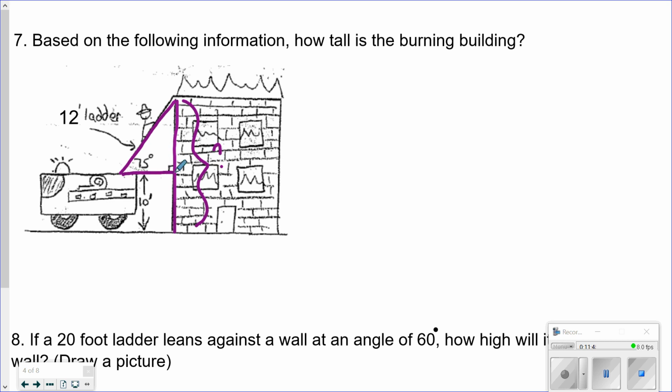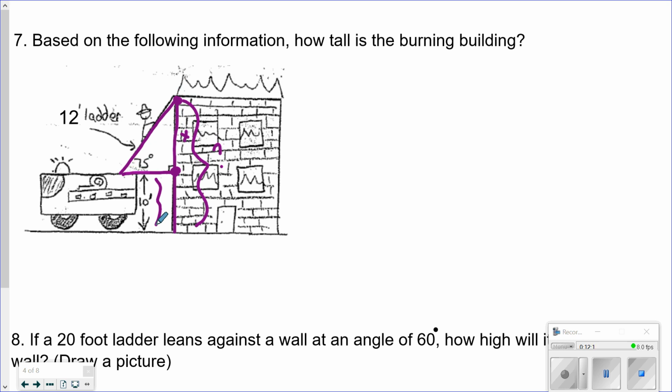And I also know that the ladder is 12 feet tall. So if I can figure out how tall is the building from this point here to the top of the building, I then see that the fire truck is, from right here, 10 feet tall. I can add 10 to whatever I get for x to figure out the height of the burning building.